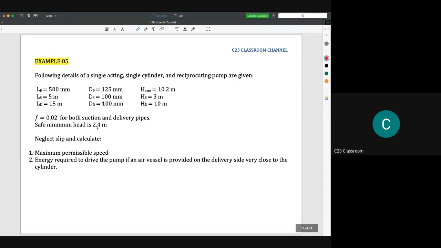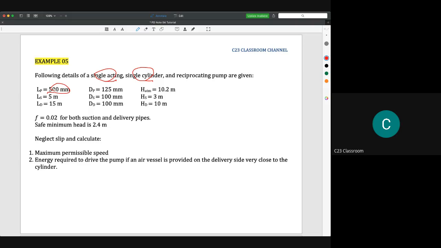So that is example number 4, and then we go to example number 5 here. Let's say we have the following details of a single acting, single cylinder reciprocating pump, where the length of the piston stroke is 500 millimeters.